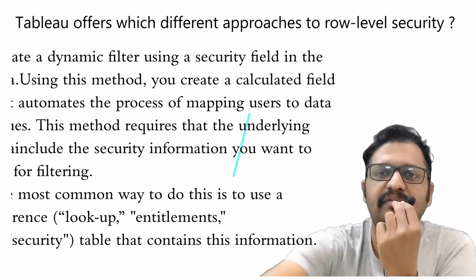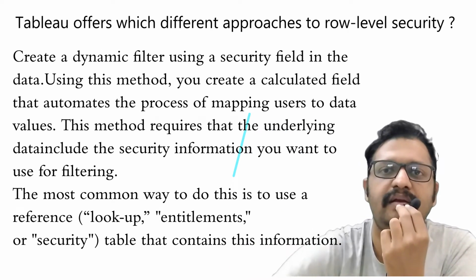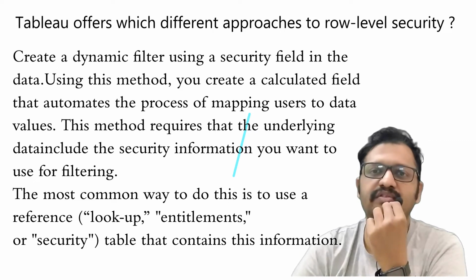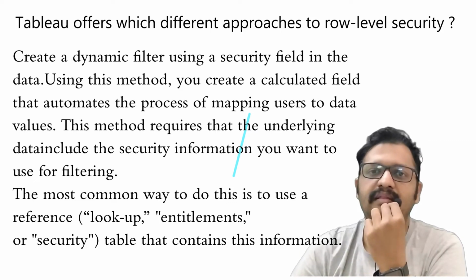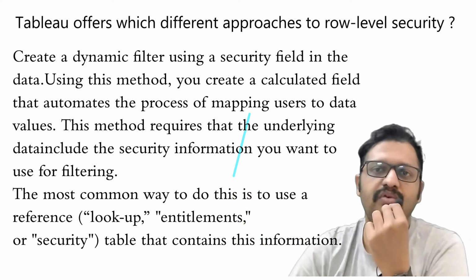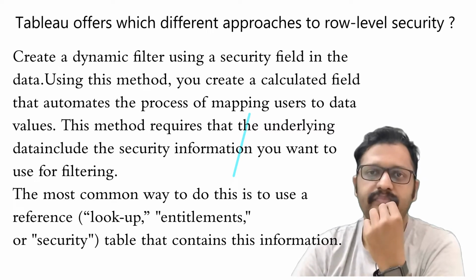Or create a dynamic filter using a security field in the data. Using this method, you create a calculated field that automates the process of mapping users to data values. This method requires that the underlying data include the security information you want to use for filtering.